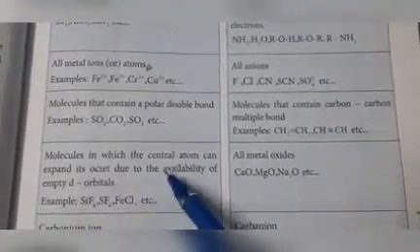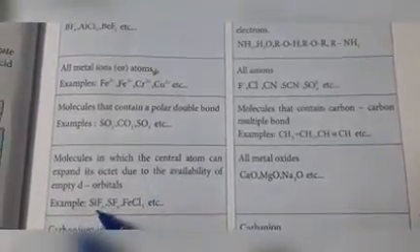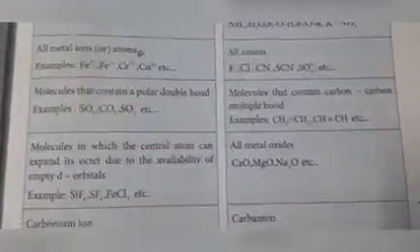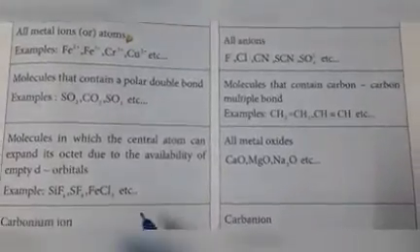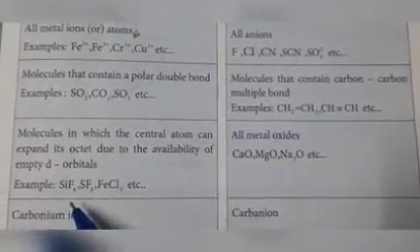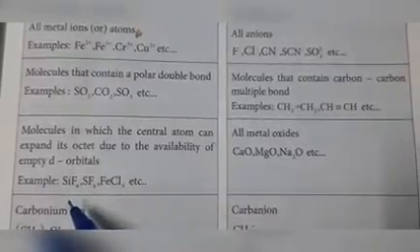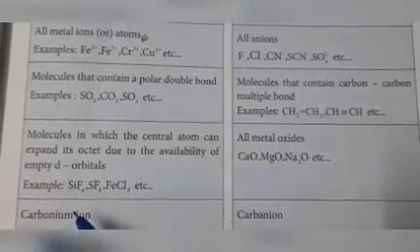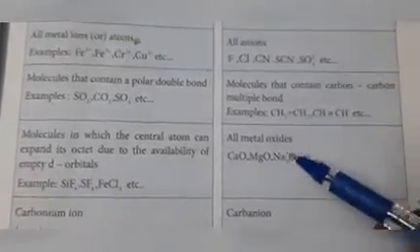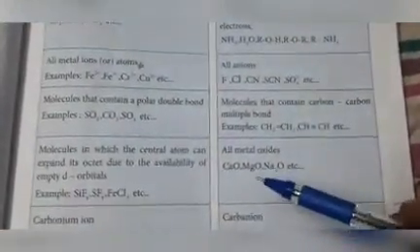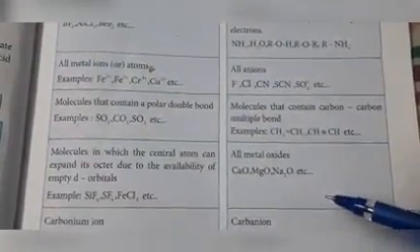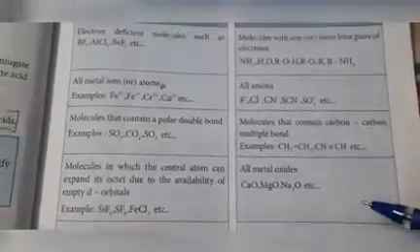So, molecules in which the central atom, here silicon, is the central atom, can expand its octet due to the availability of empty d orbitals. Here all metal oxides can act as a Lewis base. Examples: calcium oxide, magnesium oxide, Na2O, because oxygen already has lone pairs, so it can donate.